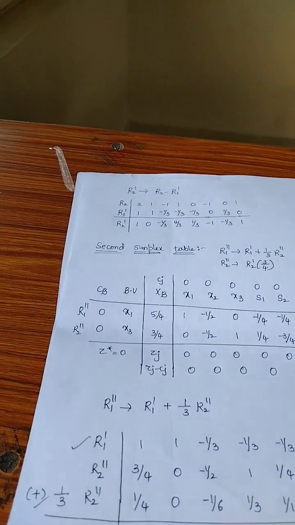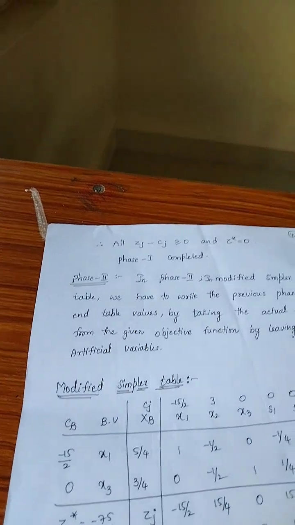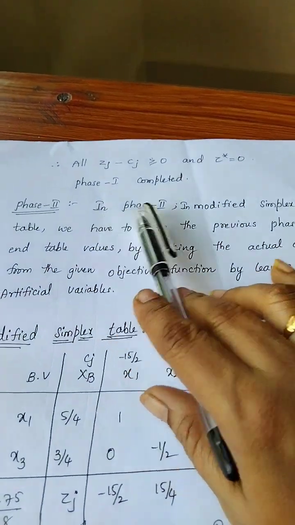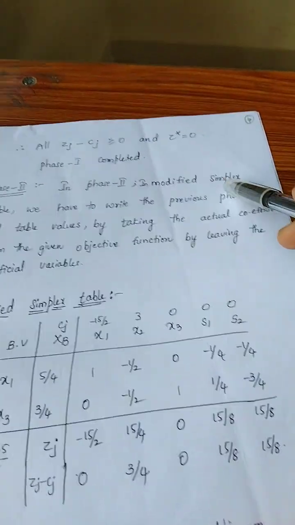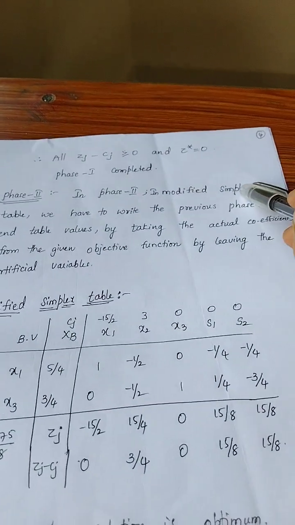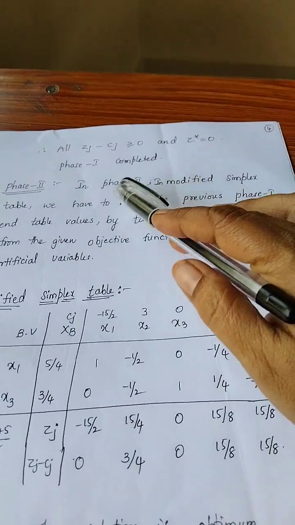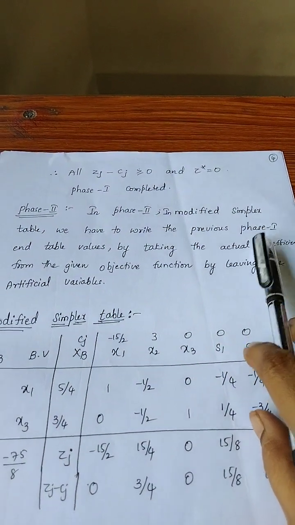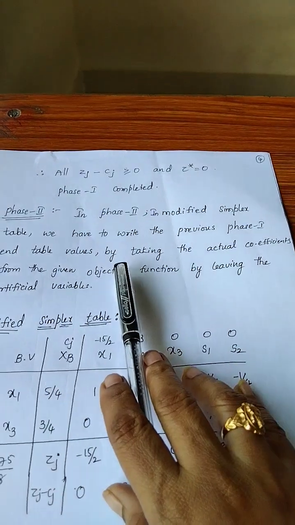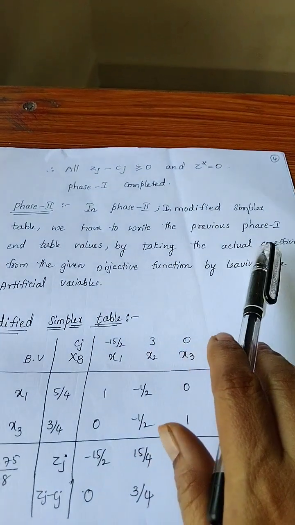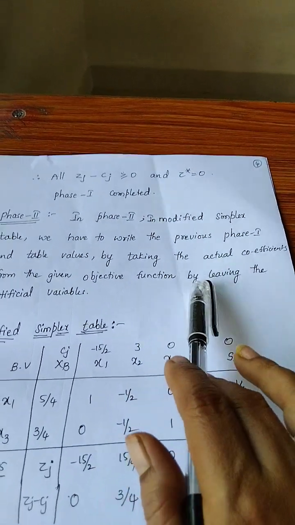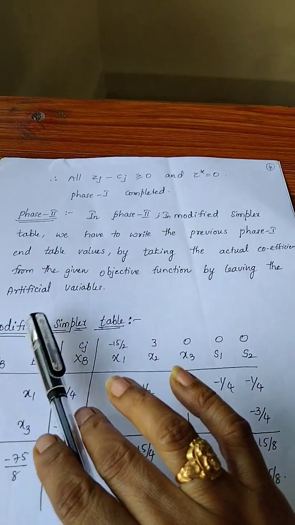Now we are moving on to phase 2. For that sake, in phase 2 we name it the modified simplex table. We have to write the previous phase 1 end table values by taking the actual coefficients from the given objective function and leaving the artificial variables.